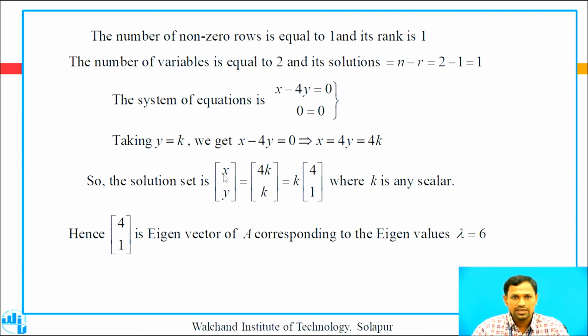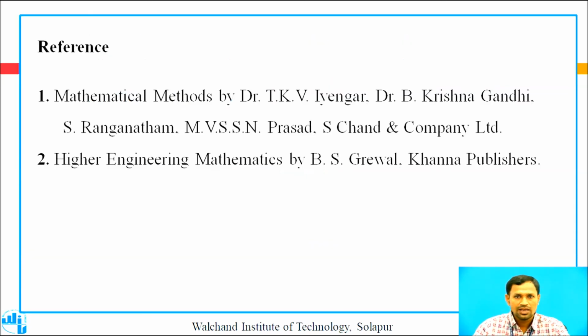The solution set is x y equal to 4k, k. So this is equal to k into 4, 1, where k is any scalar. Hence 4, 1 is the eigenvector of A corresponding to the eigenvalue lambda equal to 6.